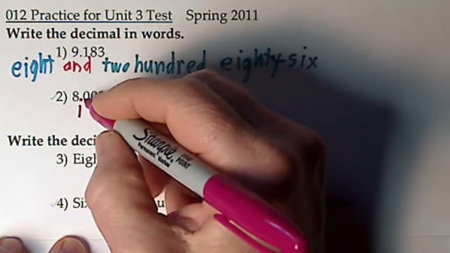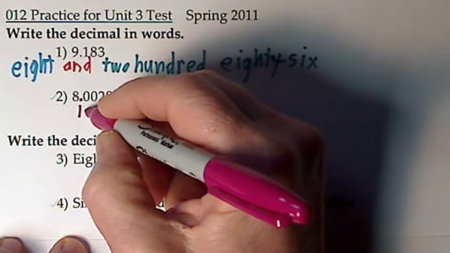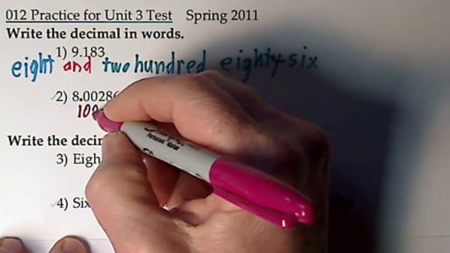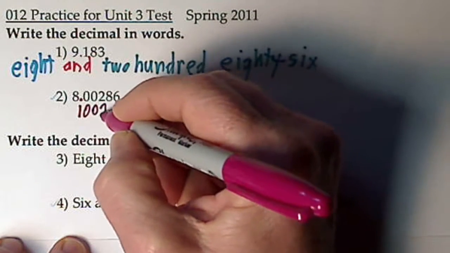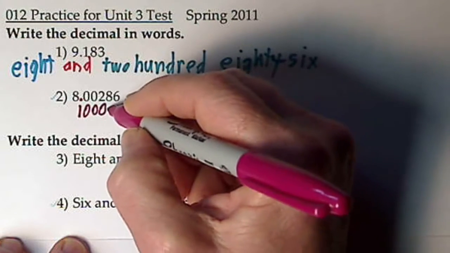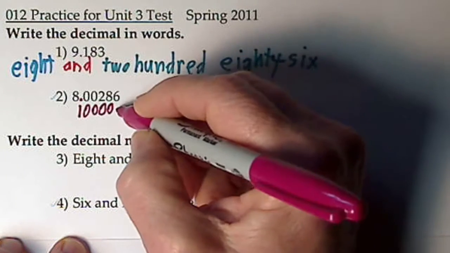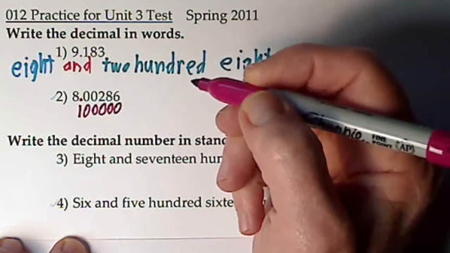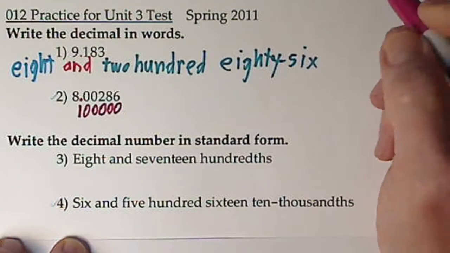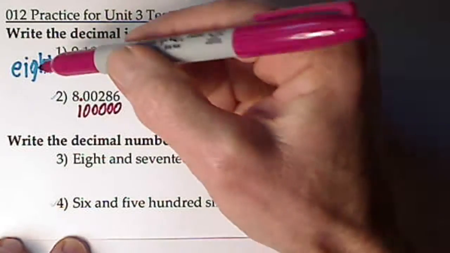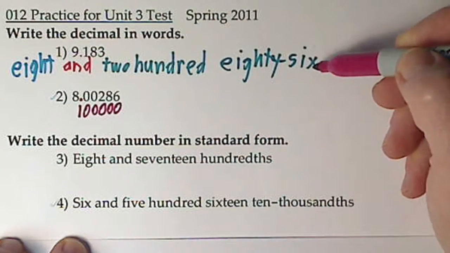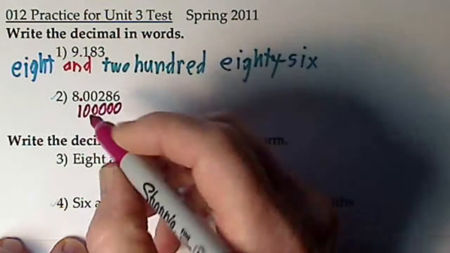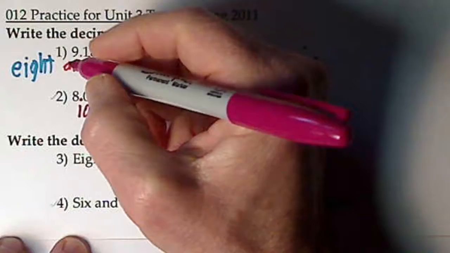But once you get to your first decimal place, that's the tenths, then the hundredths, then the thousandths, then the 10,000ths, then the 100,000ths. Okay? So what we have here is 8 and 286, and this is 100,000ths.